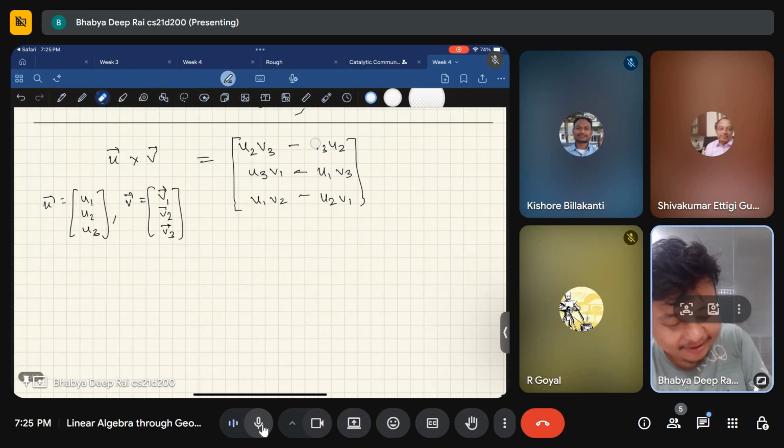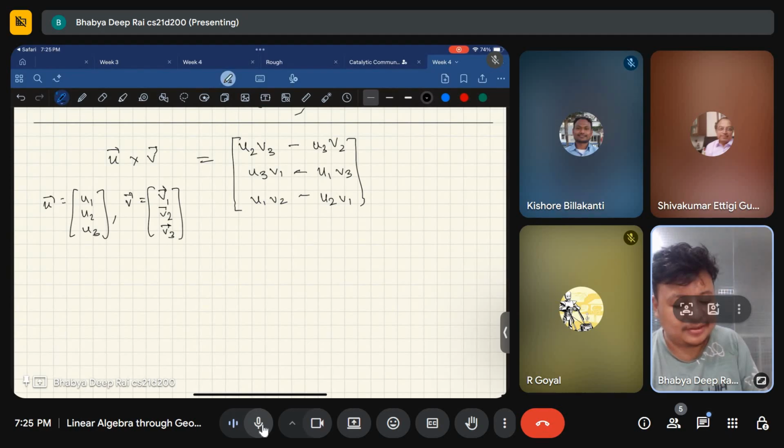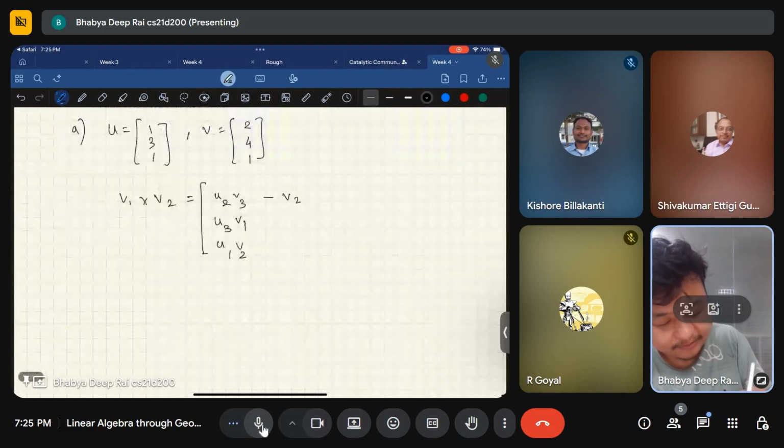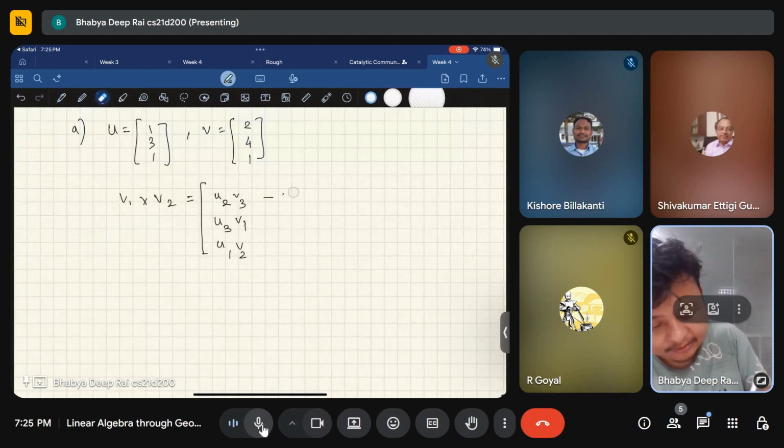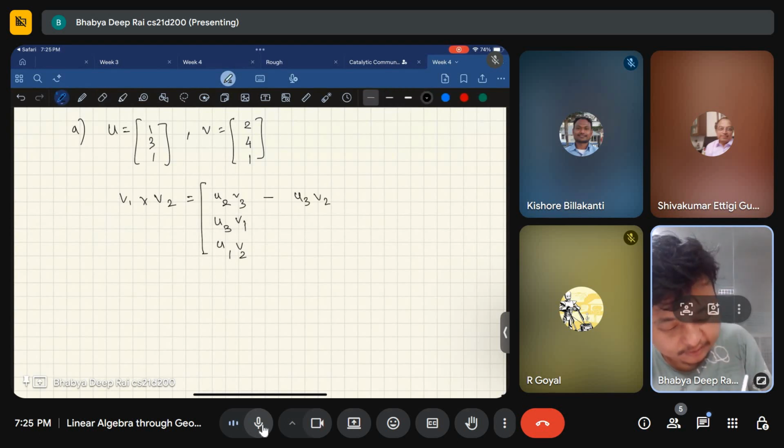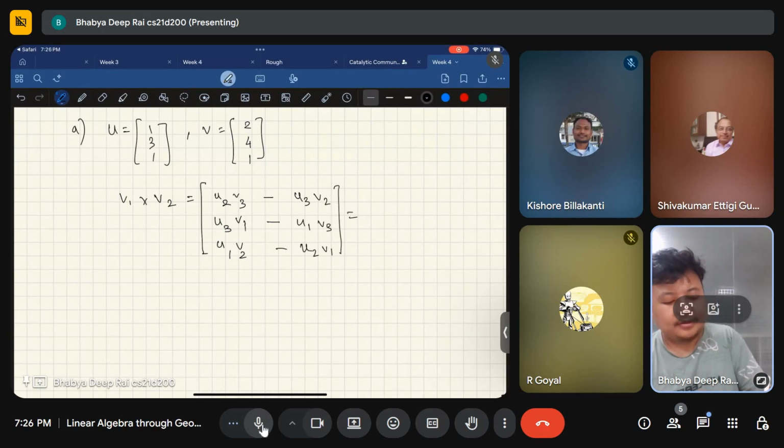This is supposed to be UV, sorry. UV, that makes sense. So you just do U3 V2, U1 V3, U2 V1.